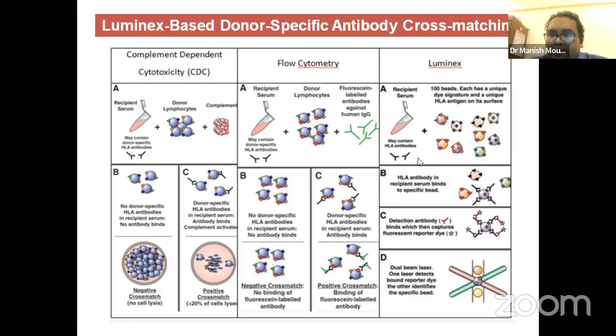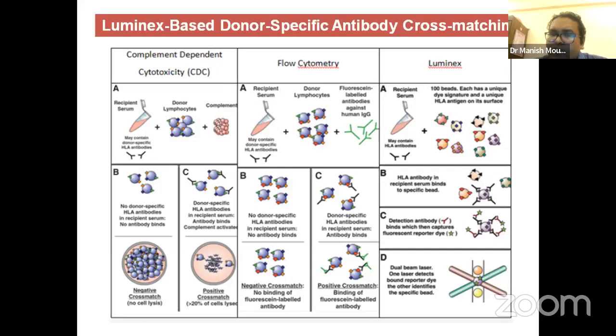Now comes the Luminex. In Luminex, we use beads, but we are using a live cell also. We prepare the lysate, burst the cell, and convert the cell into an antigen. We incubate the antigen with the bead, and the bead is going to bind with the antigen.